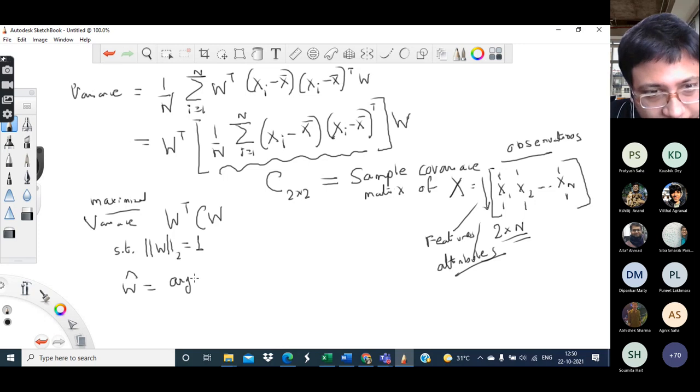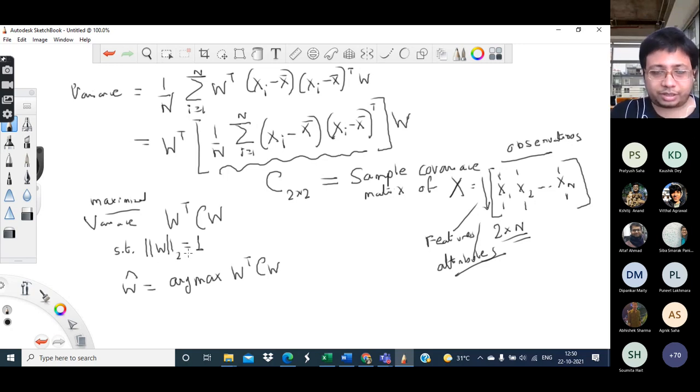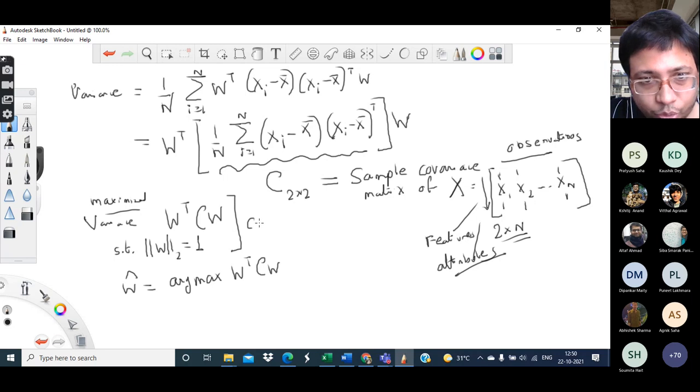W hat is equal to argmax of W transpose CW such that this condition is satisfied. So now I have to solve a particular optimization problem. This is a maximization problem and this is a constraint. So basically what I have got is a constrained maximization problem.